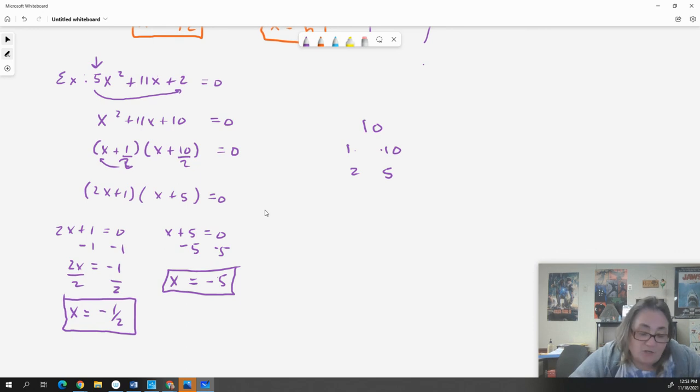Let me restate this. Show your work. If you turn in a worksheet to me and all it has on it is answers, all I can give you is a 0. If I just wanted answers, I would have put the assignment in Delta Math. I am having you guys do worksheets specifically so I can see the work. Because when it comes time to take the test for this unit, I'm going to ask you questions that are going to say, solve this by factoring, or solve this by completing the square, or solve this using the quadratic formula, right?